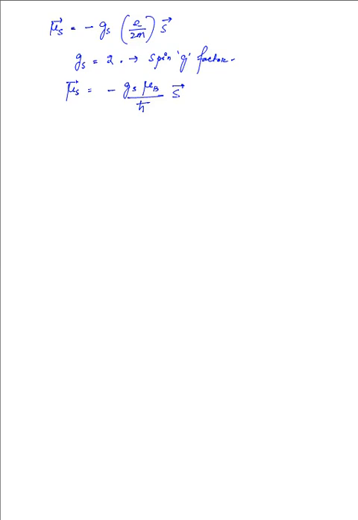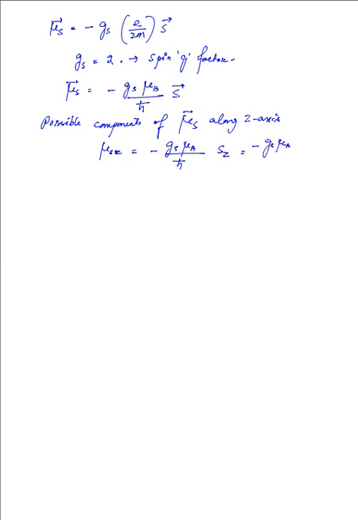And the possible components of mu s along the z-axis can be given as mu sz, equal to minus gs mu b over h bar, times sz, and we have the value of sz equal to ms times h bar.